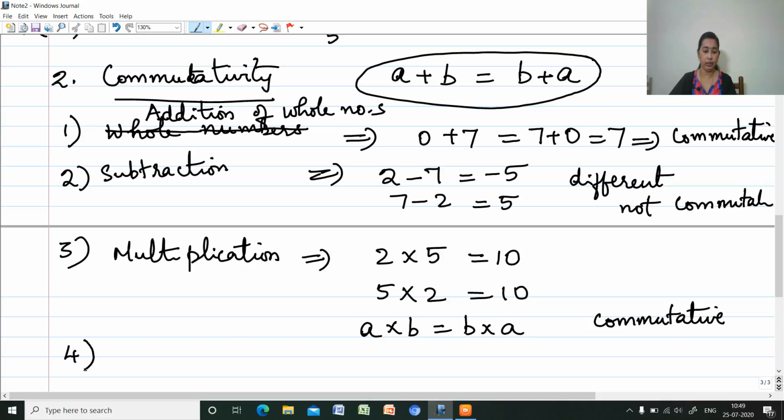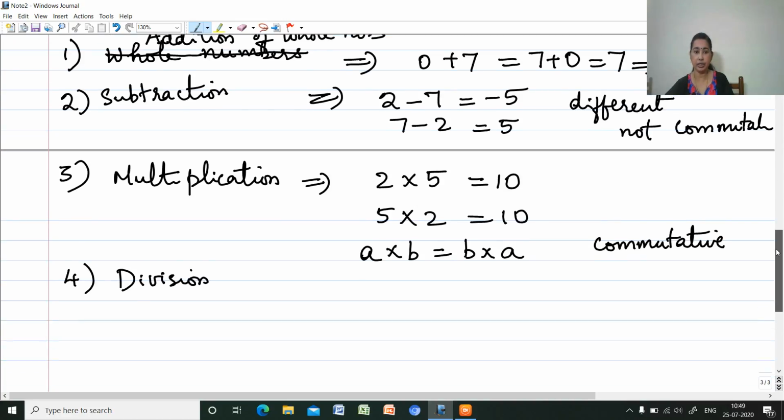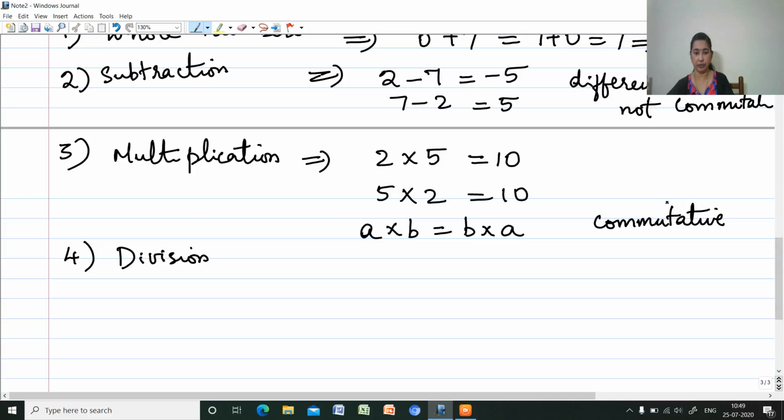Then the fourth one is division. In the case of division, it is not commutative. So addition and multiplication are commutative, whereas subtraction and division are not commutative.